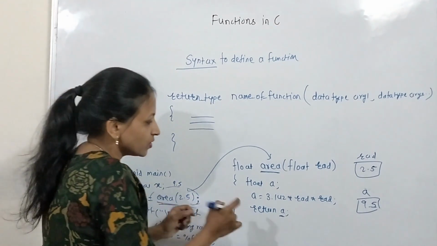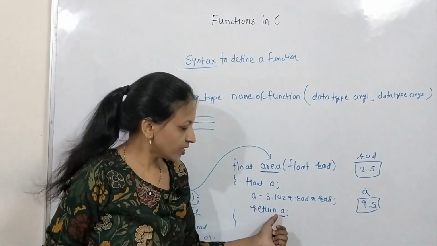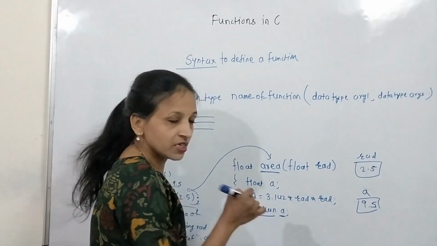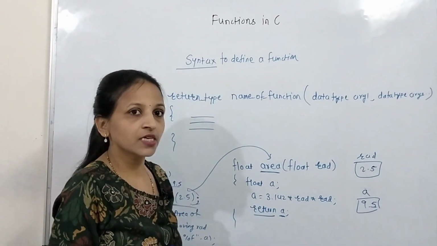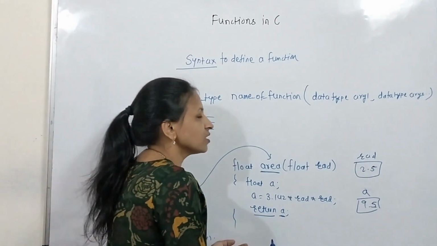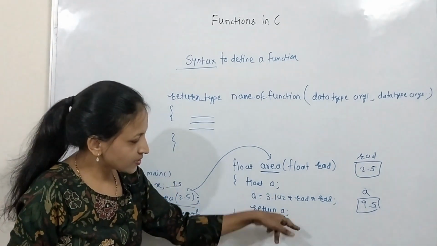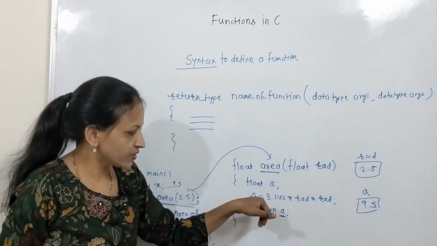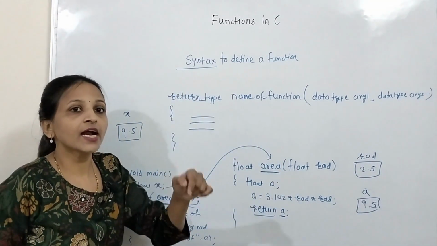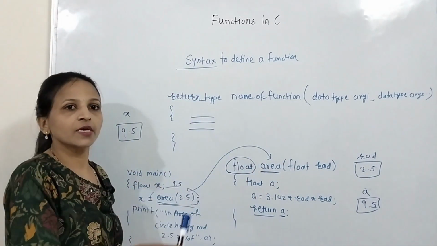Now see, what is the data type of that a? Float. Whatever we are returning from that function outside, we can return with the help of this return keyword. Okay, this return is a keyword. With the help of that return keyword, we can return a single value from that function outside. And now here I am returning that calculated value of a from this function, and its data type we have to mention here as the return type of that function.